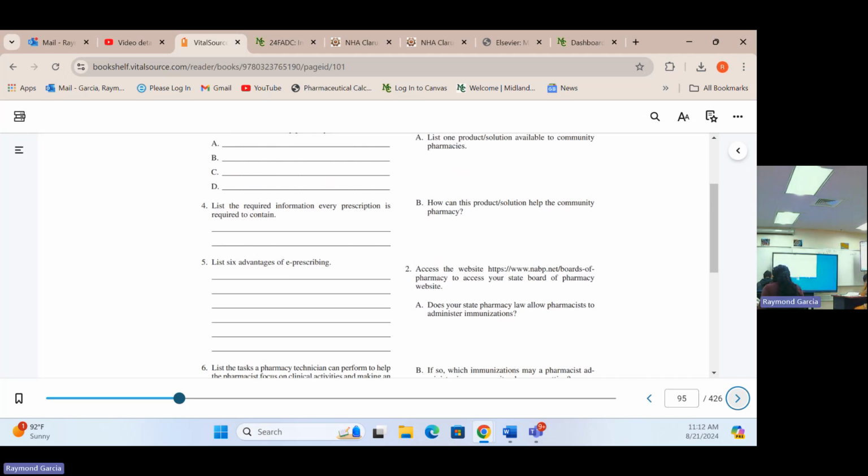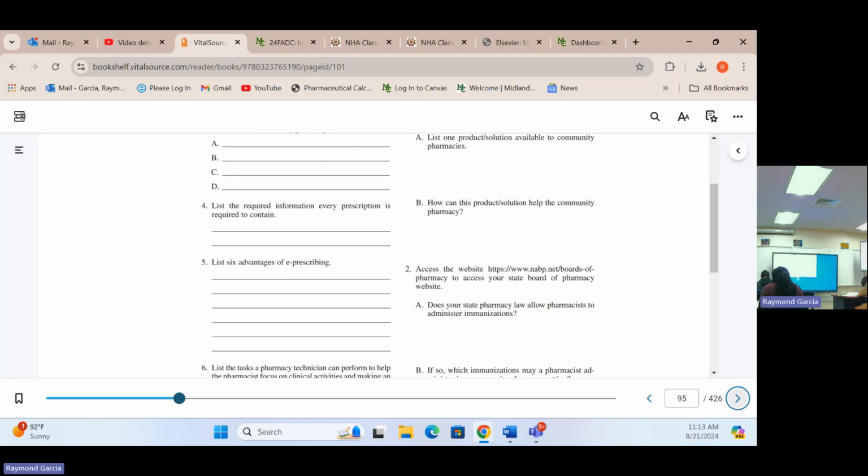Number 4, list the required information every prescription is required to contain. This is just for a written script or an e-script.